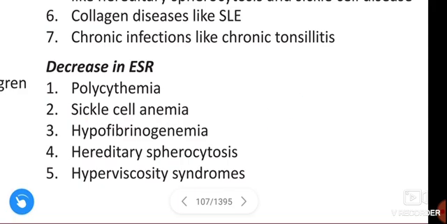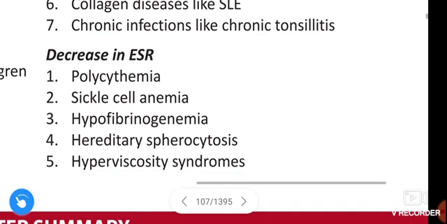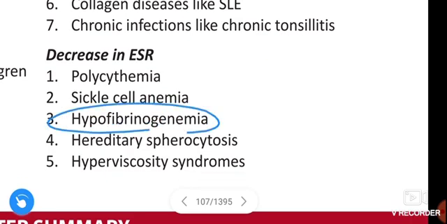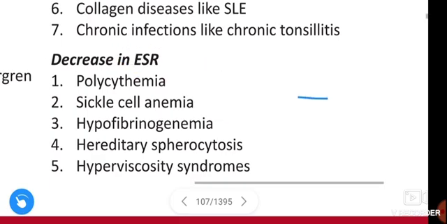Next, sickle cell anemia. In this, shape changes from biconcave, and change in shape decreases the erythrocyte sedimentation rate. Hypofibrinogenemia: fibrinogen content decreases in plasma, and this decreases the erythrocyte sedimentation rate.